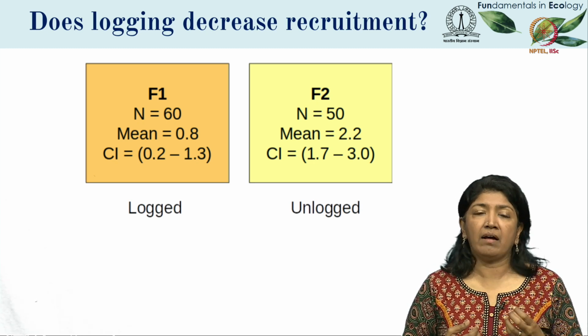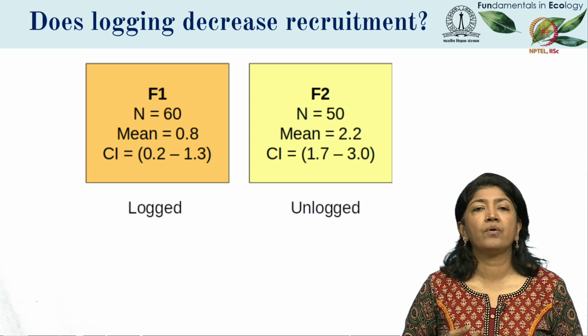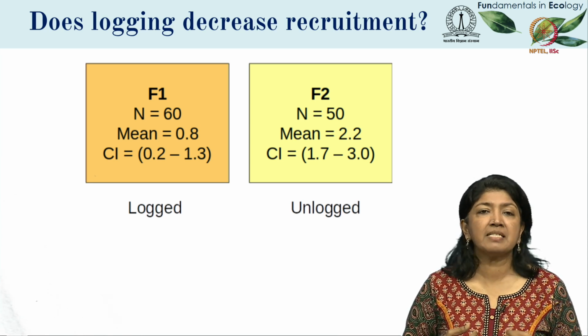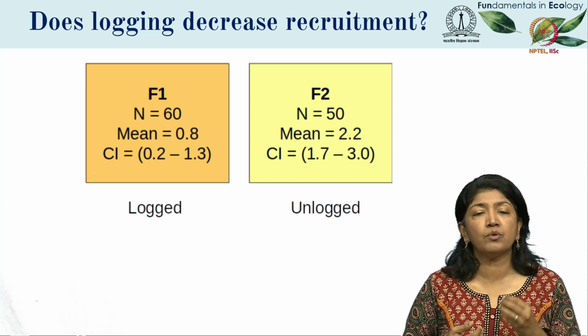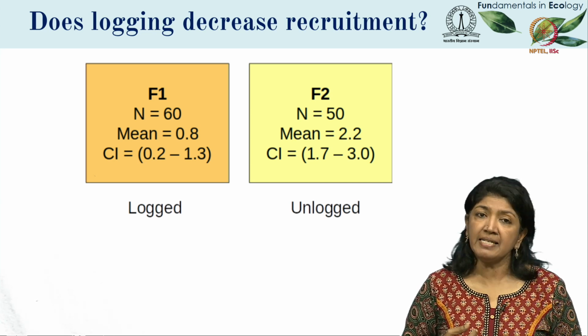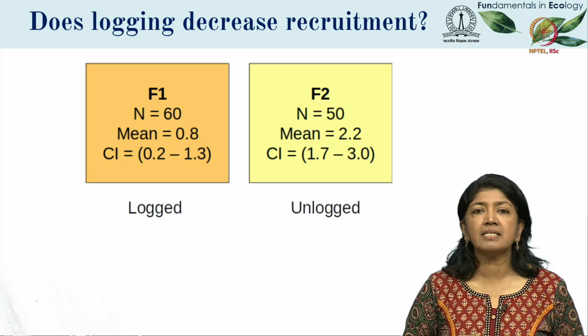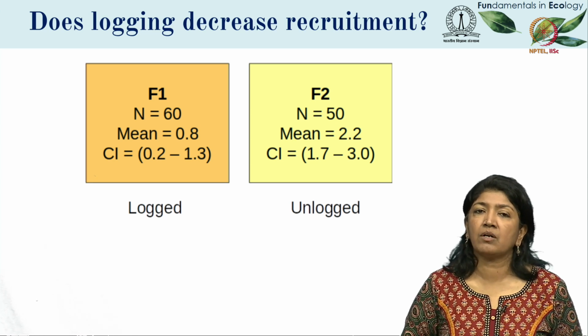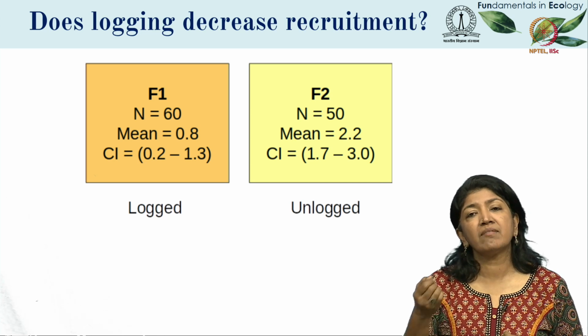Here are the data from these measurements. I get a mean of 0.8 chicks and a 95% confidence interval of 0.2 to 1.3 chicks per nest in the logged forest. In the unlogged forest, I get a mean of 2.2 and a 95% confidence interval of 1.7 to 3.